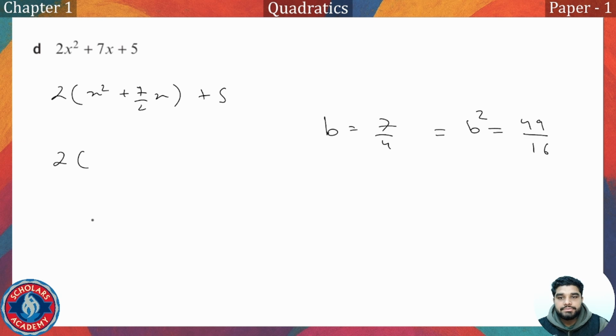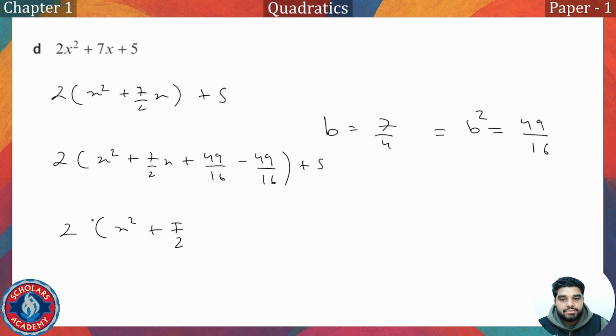All right, 2 times x square plus 7 by 2x plus 49 by 16 minus 49 by 16 plus 5. What we'll do, we'll bring this negative 49 by 16 outside. So 2 times x square plus 7 by 2x plus 49 by 16, minus 49 by 16, and we are multiplying by 2, so by 8, plus 5.